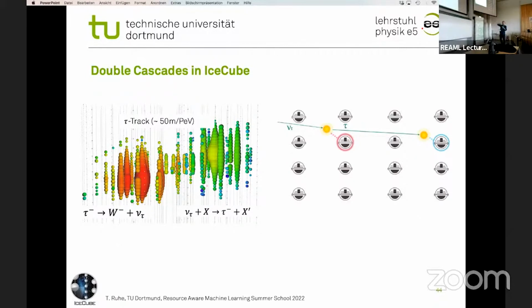You have a 50-meter tau track per PeV in energy, and you have a string-to-string distance of 125 meters. So the least you would have to expect is that it can travel from one string to another. Two, maybe 3 strings would be even better, and then you have to multiply this even more. So probably 4 or 5 PeV is what you would need. This is just very unlikely. It's not impossible, but just very unlikely.